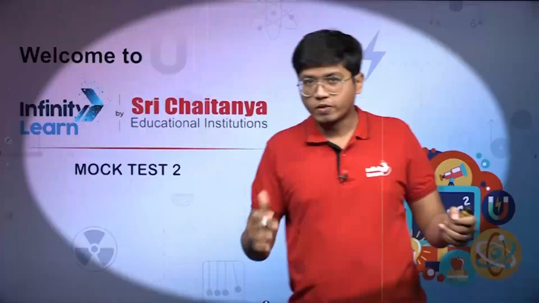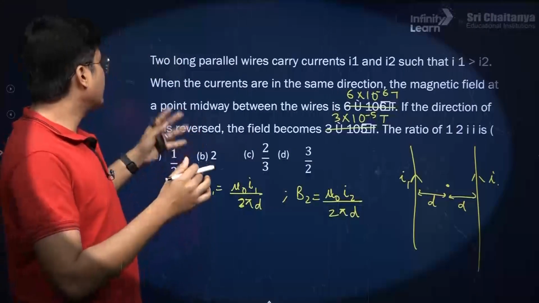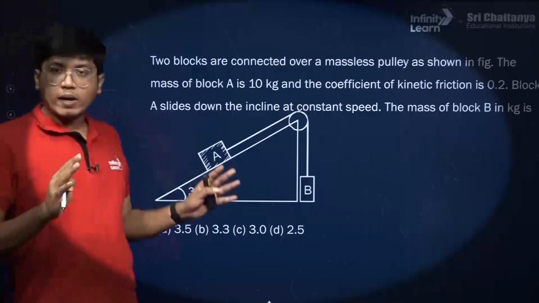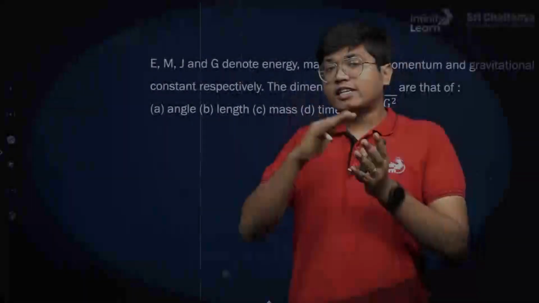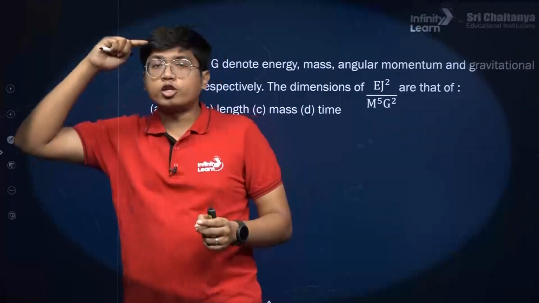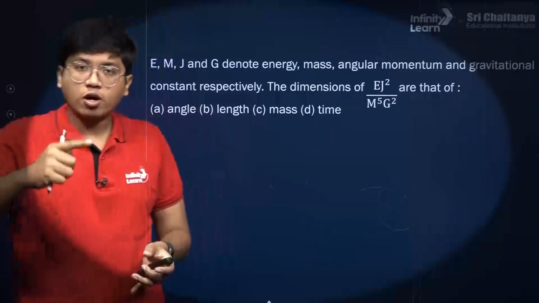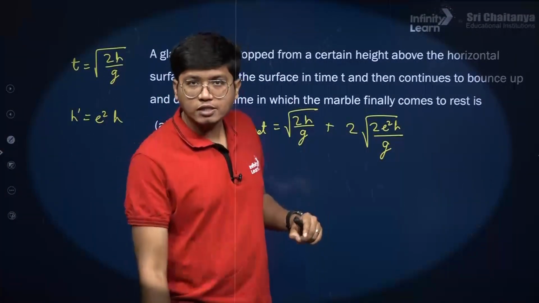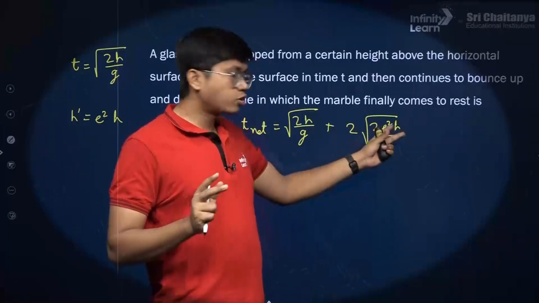And now we have mock test 2, where again we have even more questions that we'll be solving with you. When both of them are in the same direction, currents are in the same direction, constant speed means there's no acceleration, which means irrespective of the mass, length and the fundamental units, you should always remember the dimensions of force and energy. First I've replaced h with h dash because now the height it had to rise was just h dash, which is e square h.